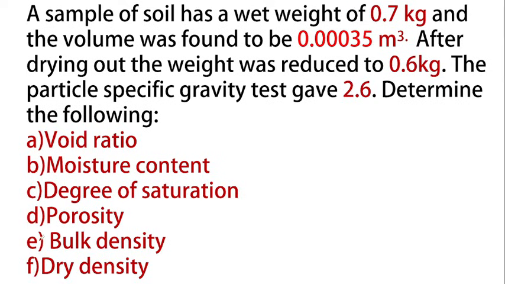Next, we're going to find the bulk density. The bulk density can be defined as the mass of the natural soil, including the moisture content, per unit volume. Mathematically, it is given as rho equals m over v. This is the formula for density of a body.